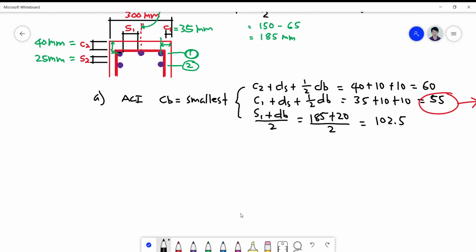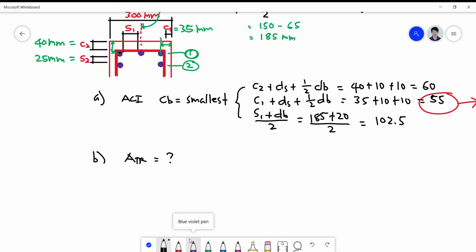Okay, so for the next, we have the value of your ATR. This is the area of the transverse reinforcement. The area of the transverse reinforcement is defined as those which are passing or crossing the potential plane of splitting.